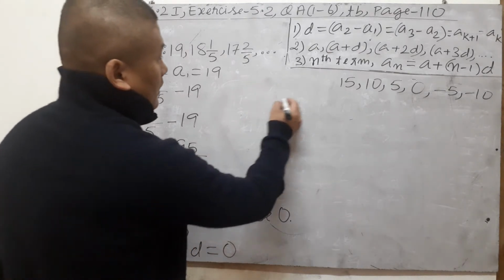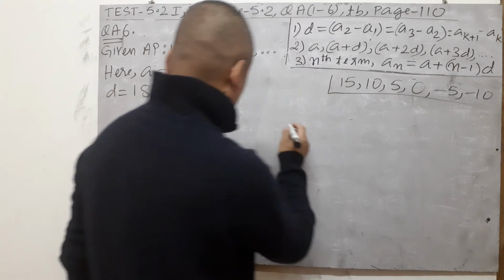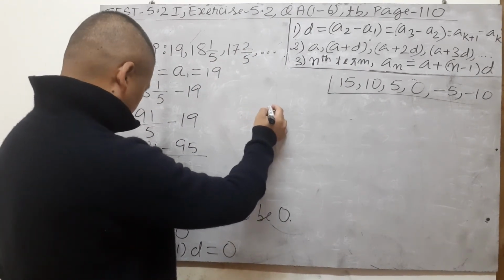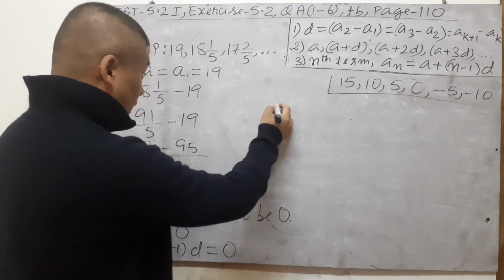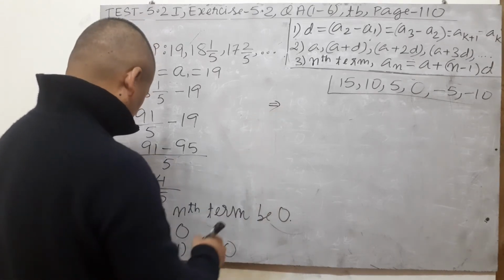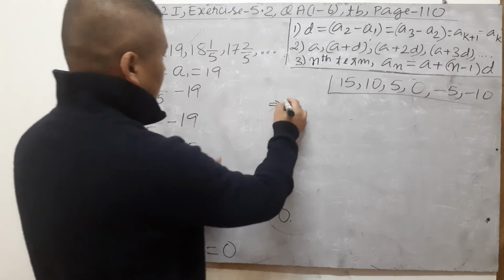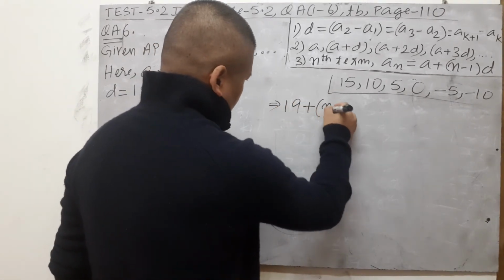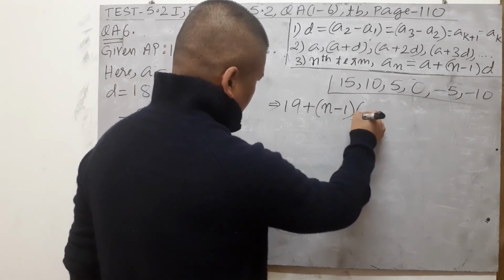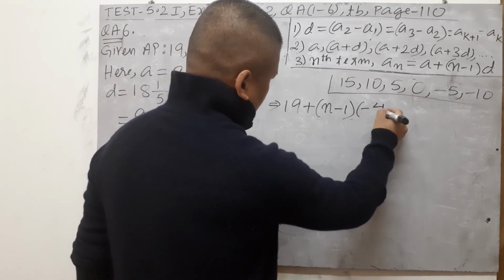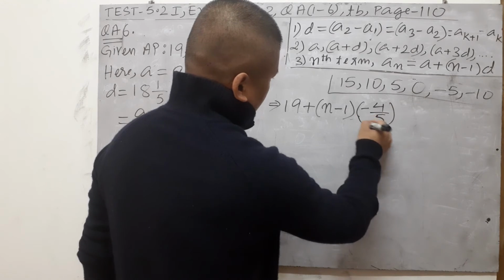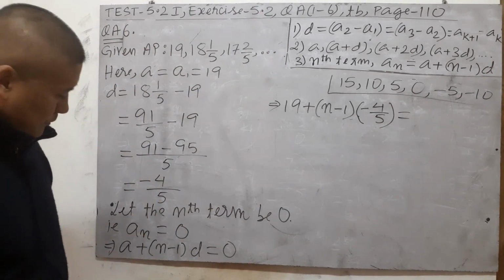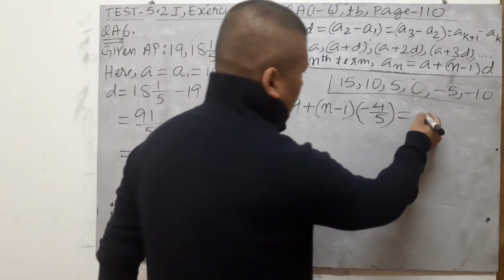So let's just keep this picture in our mind. So that implies a value already given here, 19, then plus n minus 1 into d, which is minus 4 by 5, equal to 0.